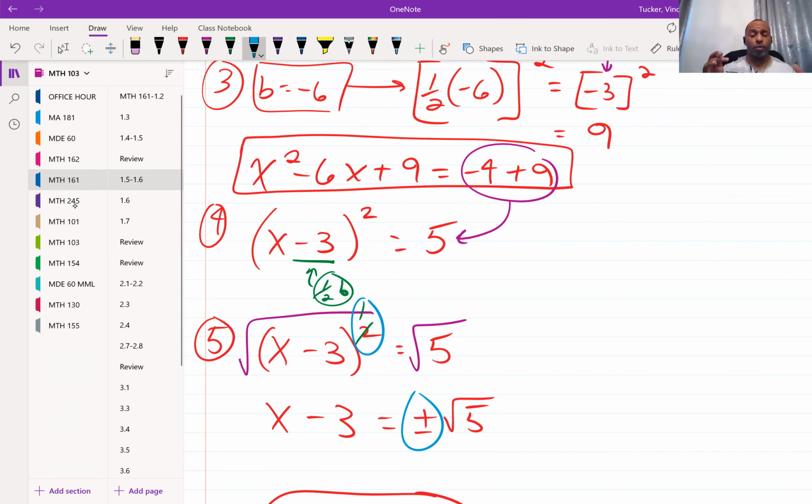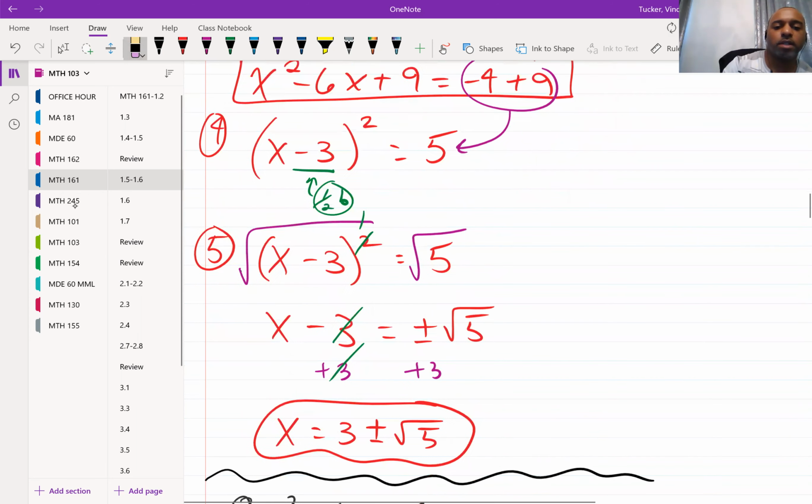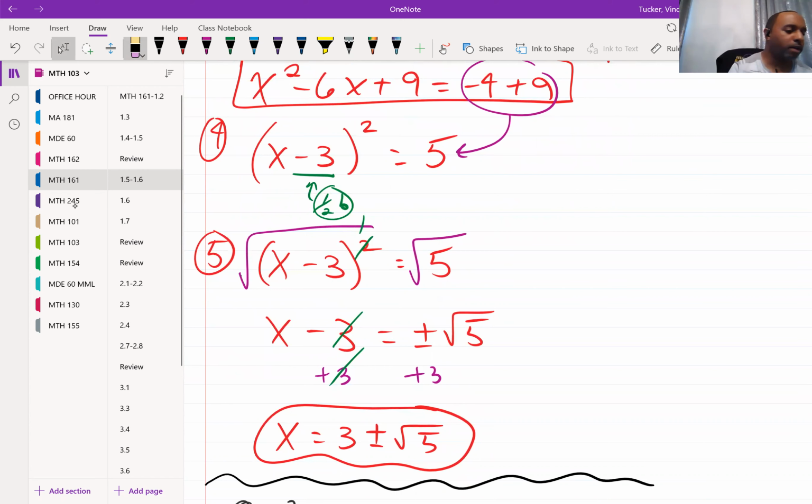Don't forget, whenever you take the square root of both sides, you have to do plus or minus on the other side. And then we can finish it off by adding 3 to both sides. And that's our answer, 3 plus or minus square root of 5.